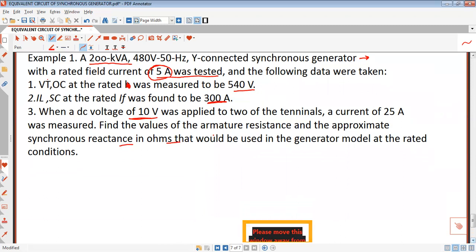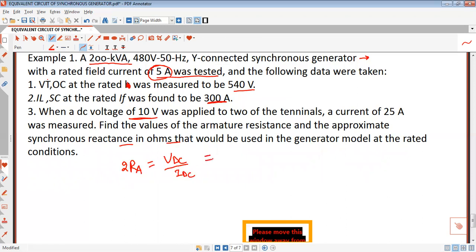First of all, we can very easily find the armature resistance through the DC test. We know that the generator described above is star connected, so the direct current in the resistance test flows through two windings. Therefore 2RA equals VDC divided by IDC.